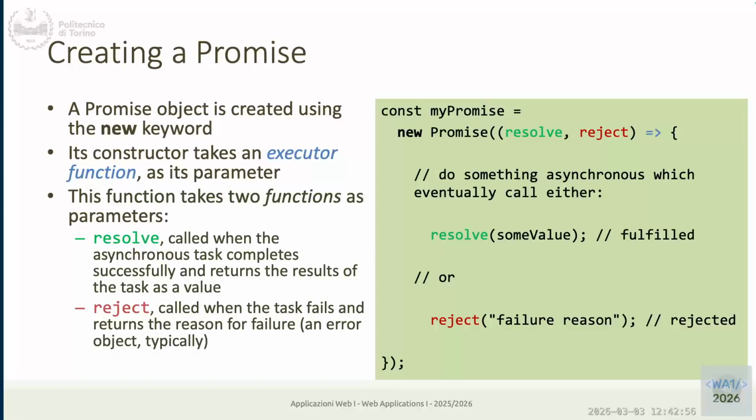They are the arguments of my callback. We are creating an object that gets a callback function, and the arguments of this callback function are two functions. Normally we call them resolve and reject. You can call them A and B, but don't. So our function is the callback of the promise, and the arguments are callbacks of my function.